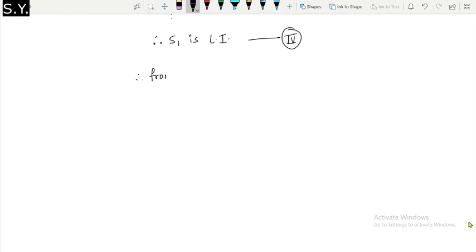Therefore from 3 and 4, S1 is a basis of R, and therefore dimension of R is equal to what? 2. That is nothing but row rank, right?